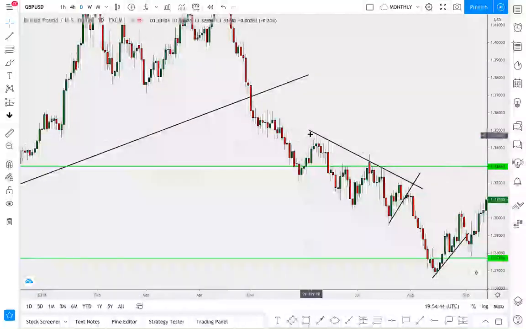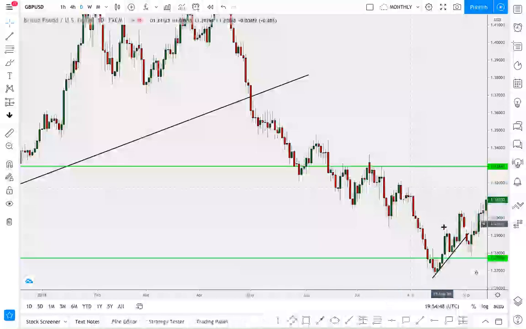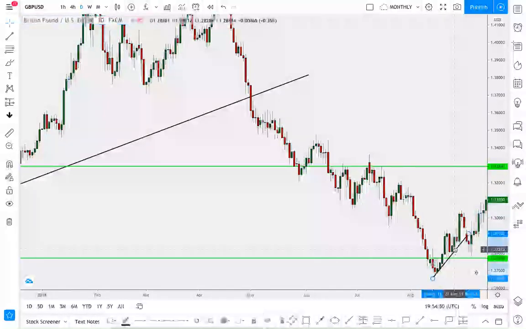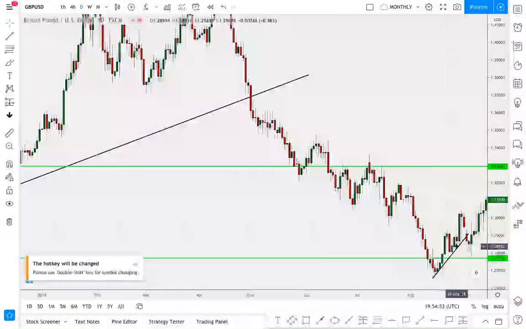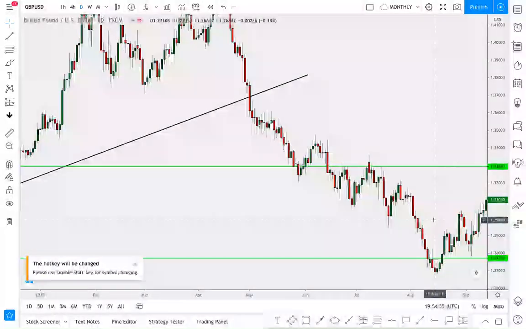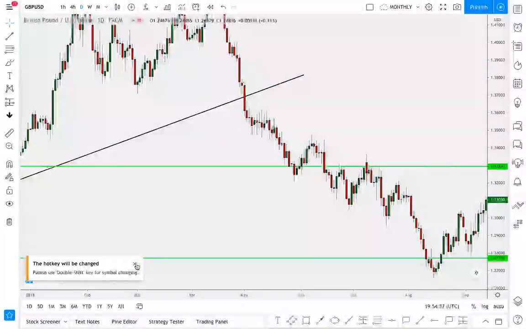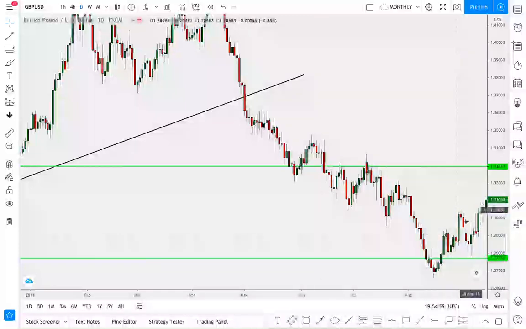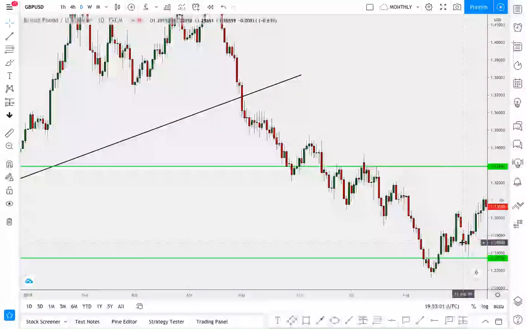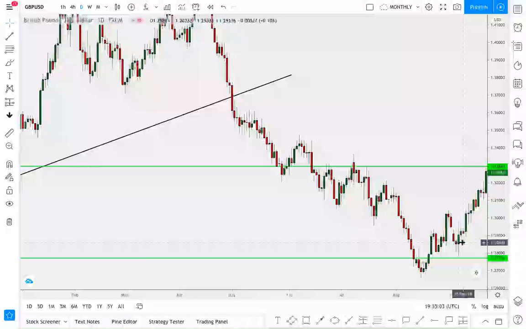And exactly. So now, after this fourth setup happened, and then that happened, and then we started to rally all the way to the upside.